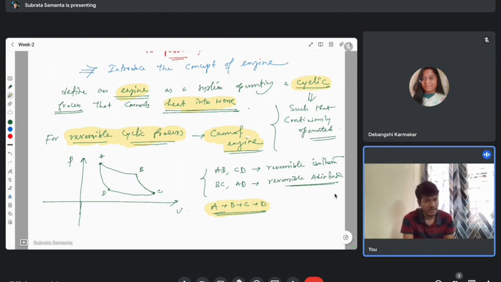Any other process is not a Carnot engine. The Carnot engine is very specific to this.